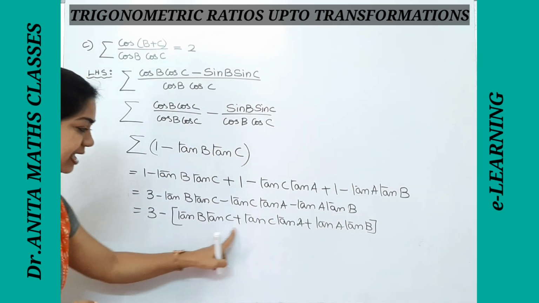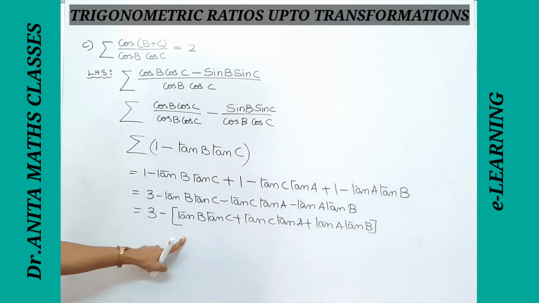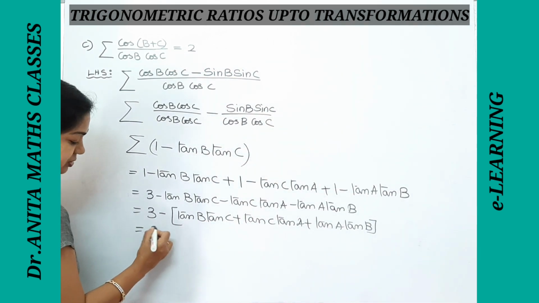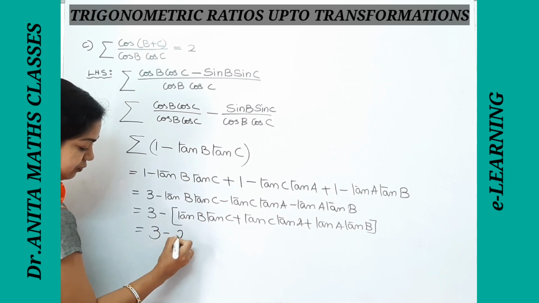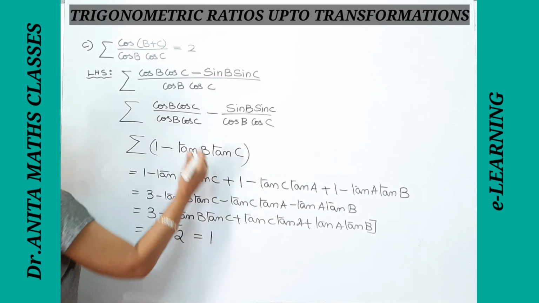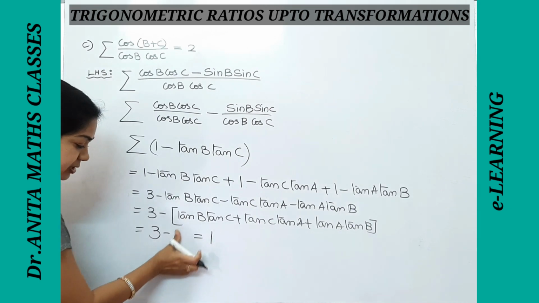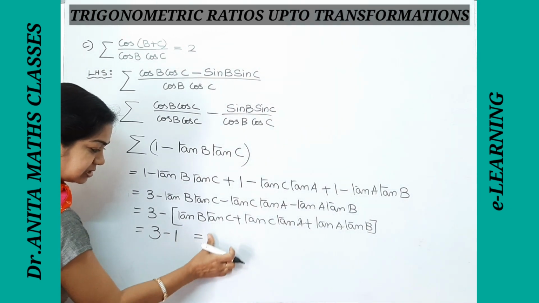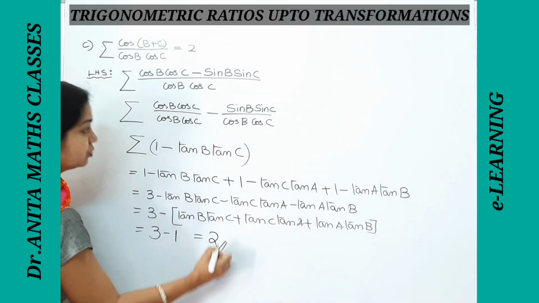We have proved this as 1. So that is 3 minus 1 we got. So that is equal to 2. Sorry, so 2 is our RHS.